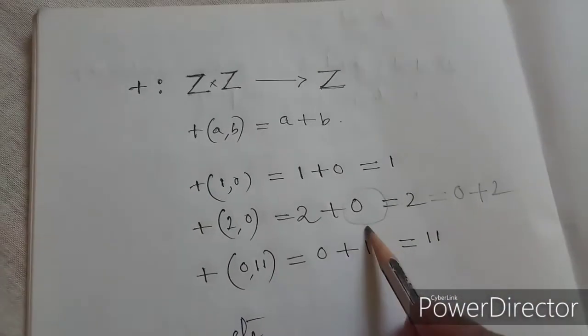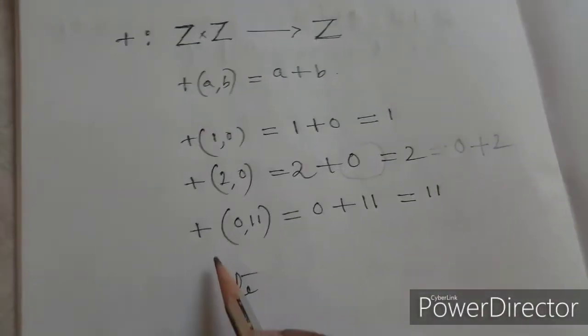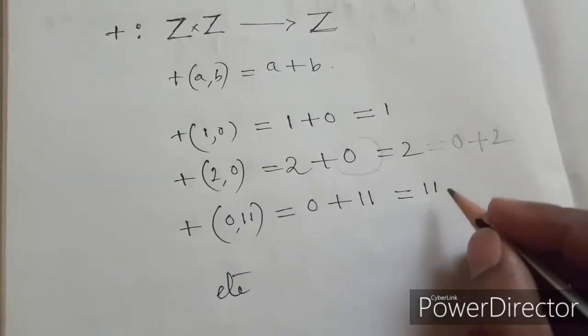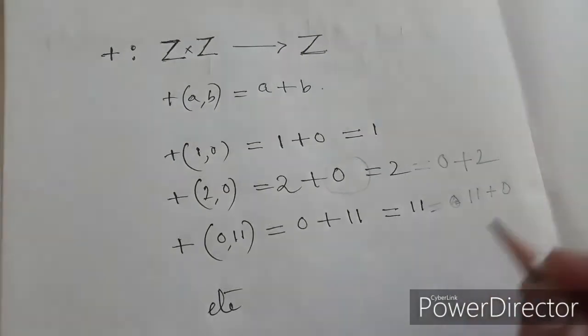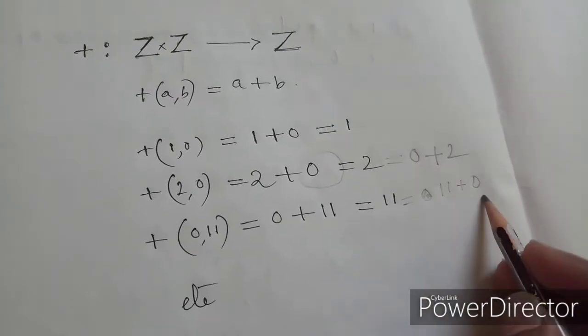This shows that 0 is the identity element in this case. And plus of (0, 11), that means 0 plus 11, is 11, which equals 11 plus 0.